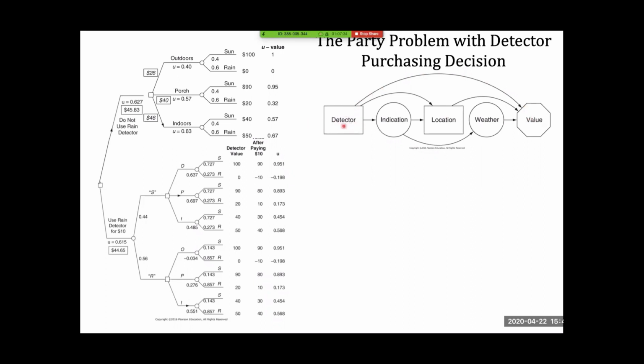Because if you do not have the detector, your value of the party is $10 more. Why? Because the price of the detector is $10. Look at over here. If you do not buy a rain detector, an outdoor party in the sun is worth $100. If you do buy the rain detector, an outdoor party in the sun is worth $90 because you need to pay up the $10 cost. That is why we have an arrow from detector decision to the value node.